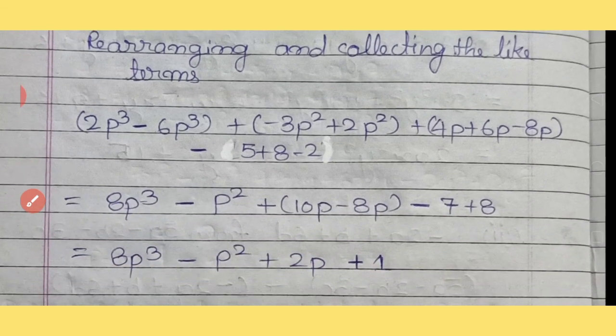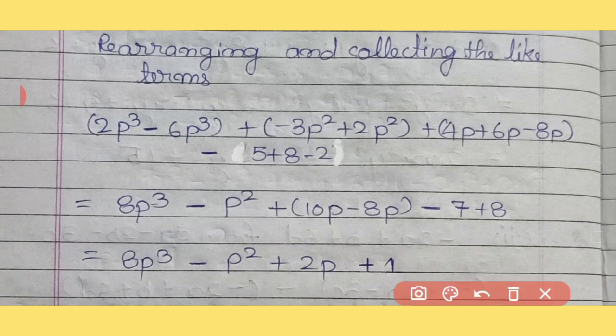In the next line it has been explained: 2p cube and minus 6p cube became minus 4p cube. My mistake, I have written 6p cube here. In the second bracket, minus 3p square plus 2p square becomes minus p square.